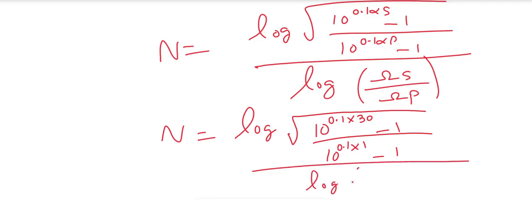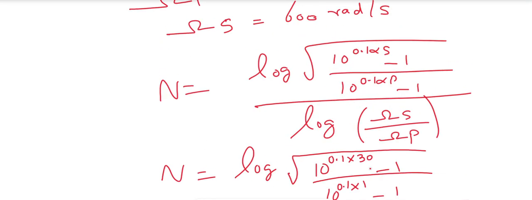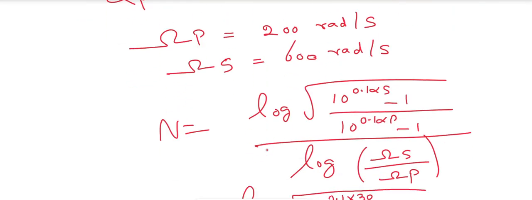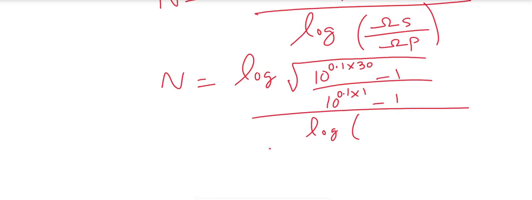log of the stop band edge frequency by the pass band edge frequency. Stop band and pass band are 600 and 200. So 600 by 200.